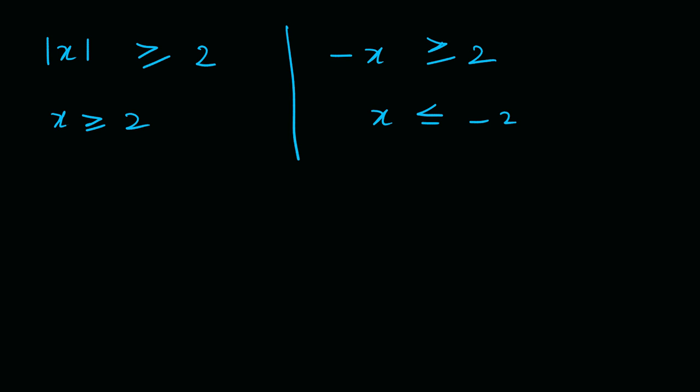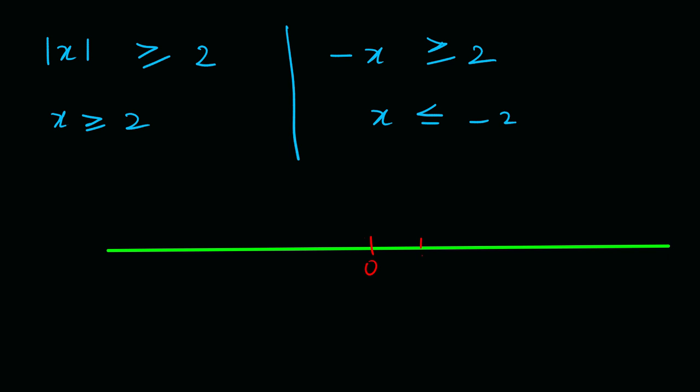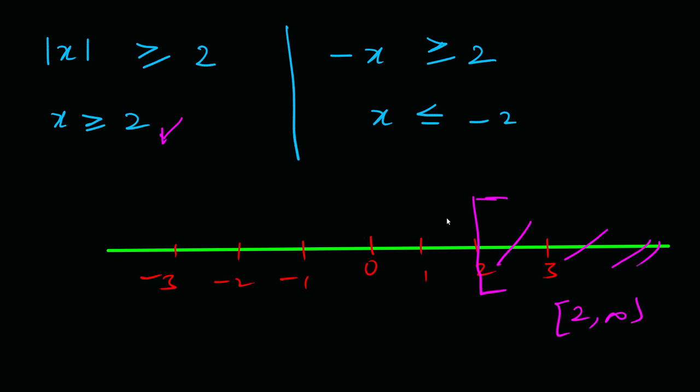And if you try and show this on the number line, this is 0, 1, 2, 3, and this is -1, -2, and -3. On the right side, when x is positive, it can lie anywhere between 2 and infinity.